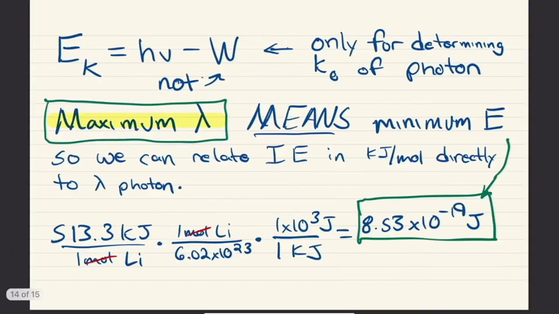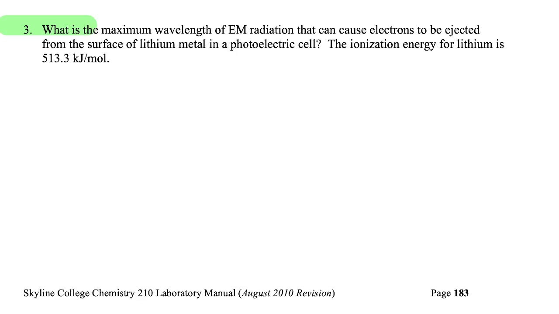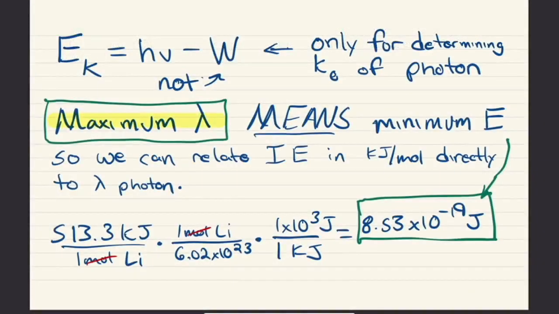So again, a quick recap. We must recognize from the problem that we are trying to figure out the maximum wavelength or the minimum energy that can cause electrons to be ejected. We have been given that energy in kilojoules per mole, which means we will likely have to use Avogadro's number at some point, but we can relate that energy kilojoules per mole directly to the wavelength of the photon using the energy equation of E equals hc over lambda, but we must do this first step of conversion first.